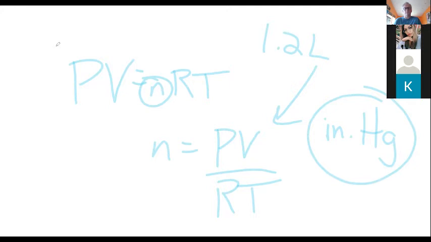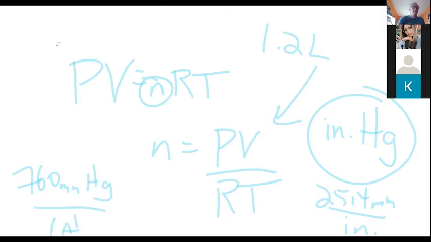Inches to centimeters to millimeters to ATM? Yes, we convert inches to millimeters, and there's 25.4 millimeters per inch. And how many millimeters of mercury in an atmosphere? 760. 760 millimeters of mercury is equivalent to 1 atmosphere.